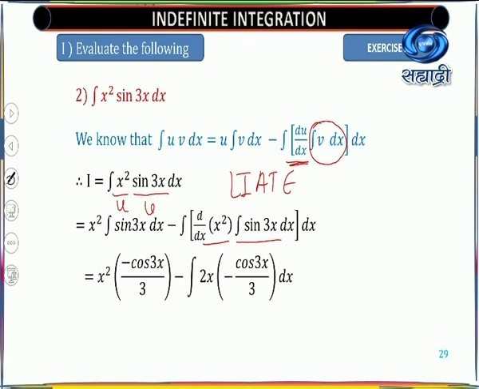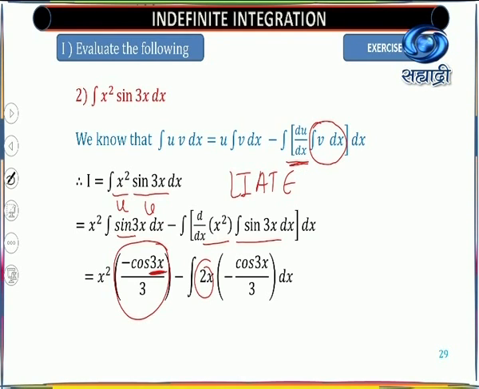Now look at here, x square into minus cos 3x upon 3, because the integral of sine is minus cos. As usual, this is a linear function, 3 is the multiple of x, which comes in the denominator, so you will get 3. So x square into minus cos 3x upon 3 minus derivative of x square, which is 2x, and again as I have discussed here, into minus cos 3x upon 3 dx.